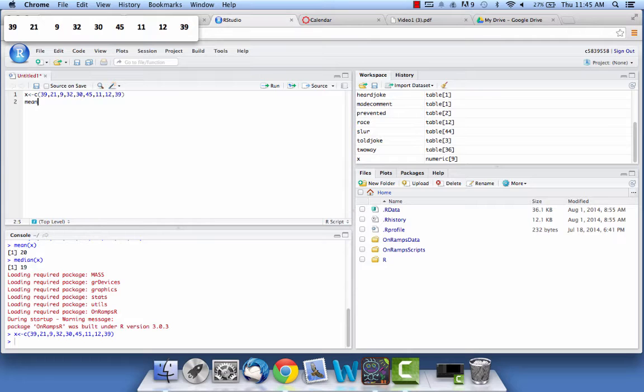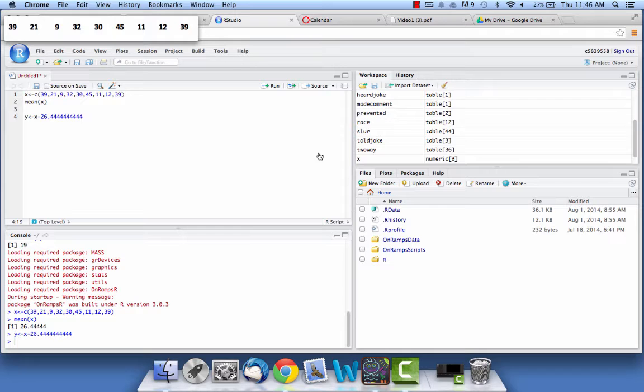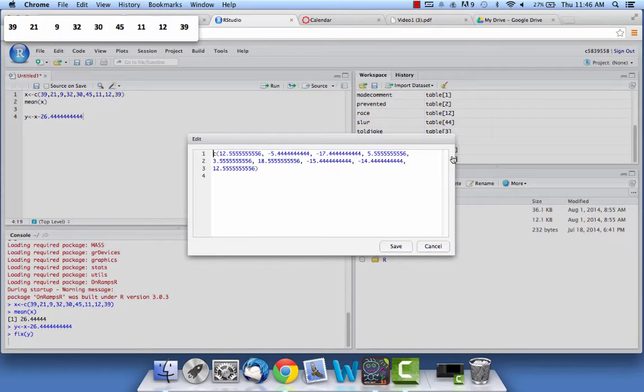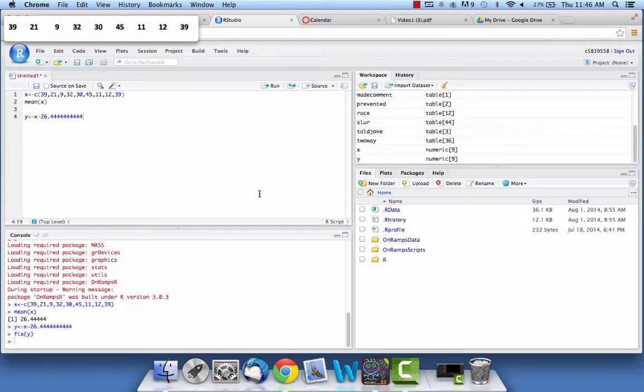So I'm going to find the mean of x. 26.4 repeating. So now I want y to be x minus 26.444. Okay, well that did spit something out, so that's good. So that's the deviation. So I've taken every value in x and subtracted from it the mean.